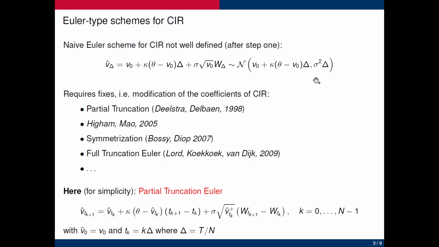In the literature, there exist several fixes, such as the partial truncation, Higham-Mao, the symmetrization, full truncation Euler, and so on. As an example, we are showing the partial truncation Euler here. We are taking the positive part of the scheme under the square root, and therefore the scheme is well defined.